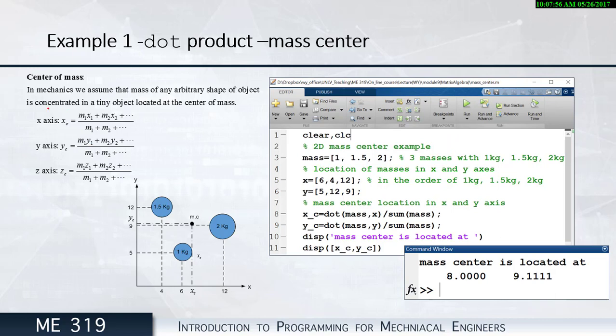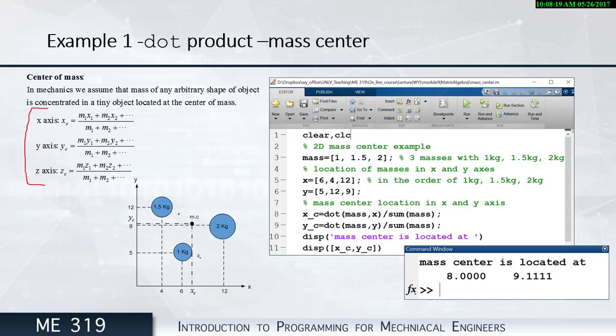For the center of mass, this is the formula. For example, you have multiple masses. You can multiply each mass times its coordinate value, add them up, and divide by the total mass.